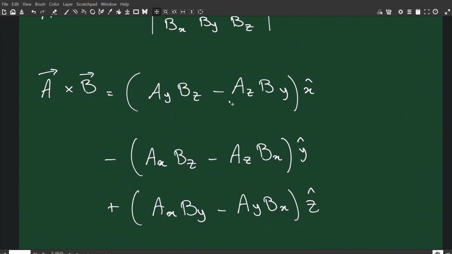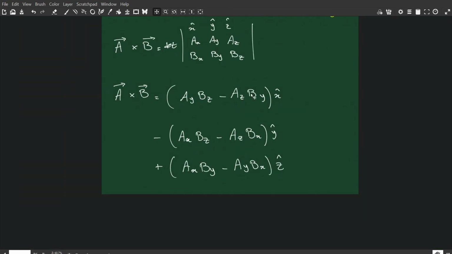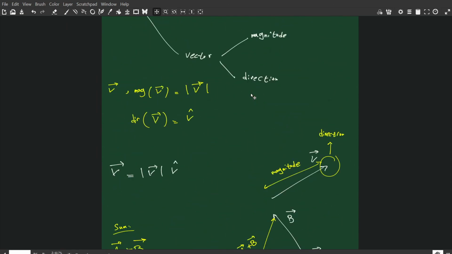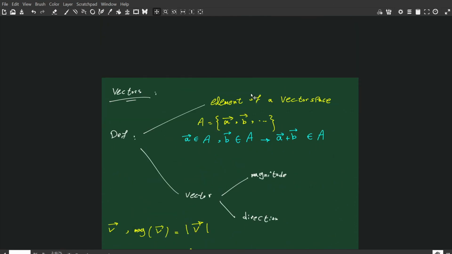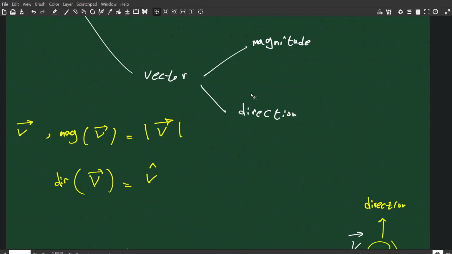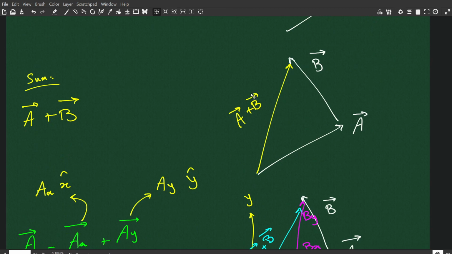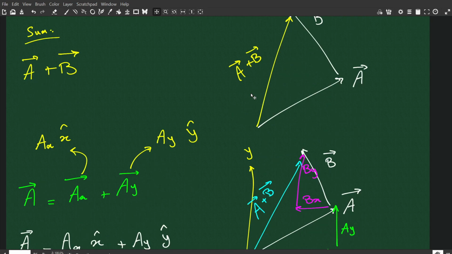So what we learned in this video is this. At first we gave the definition of a vector, then we defined a symbol to show a vector's magnitude and direction, and we defined some operators for vectors, and we showed them graphically.